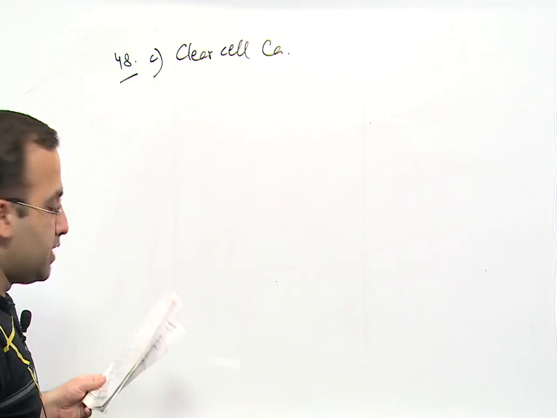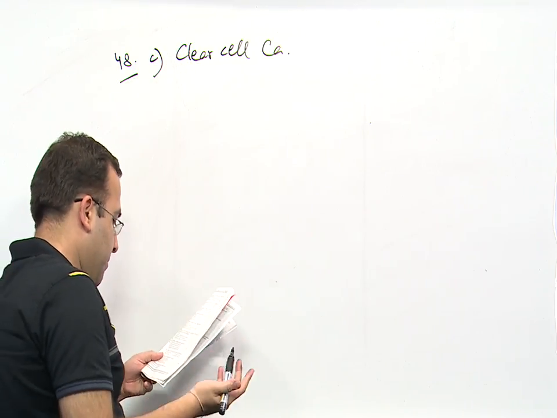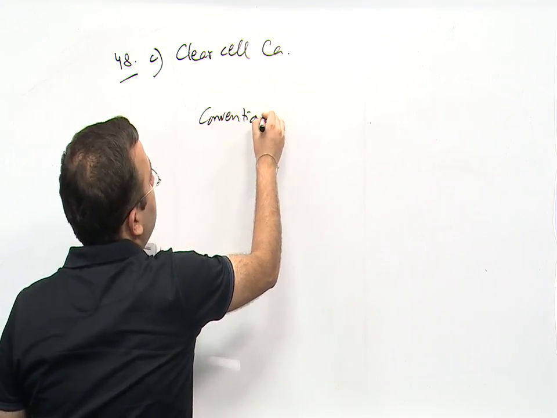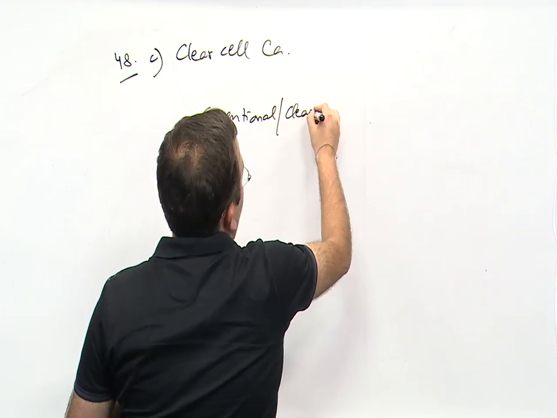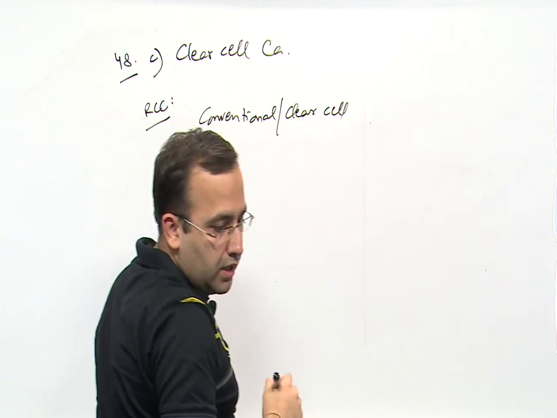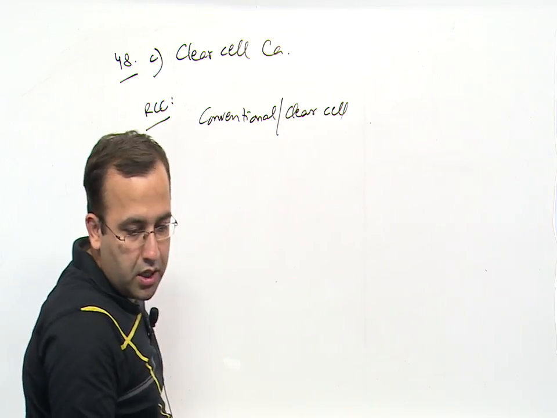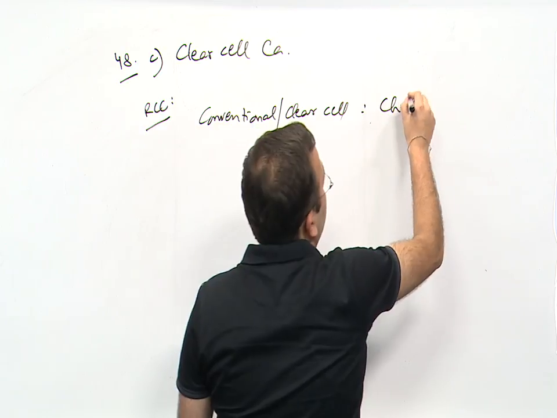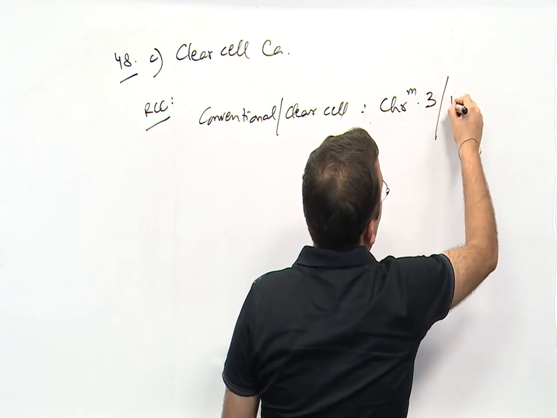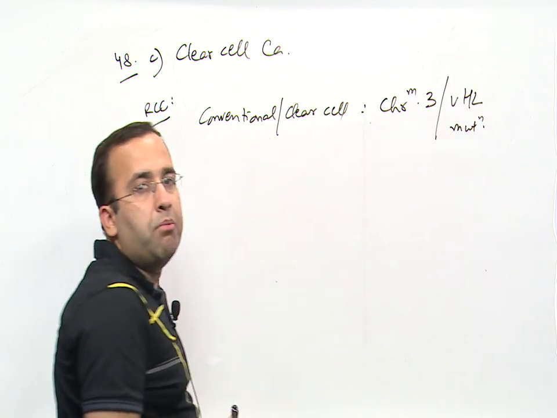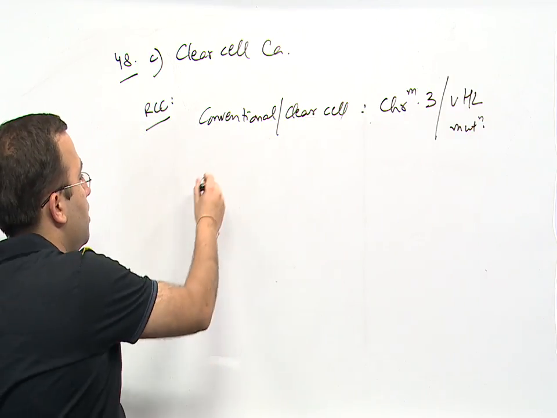That is option C. You very well know there are three main types: the conventional or the clear cell type RCC, which is associated with chromosome 3 or VHL mutations, that is von Hippel-Lindau mutations.